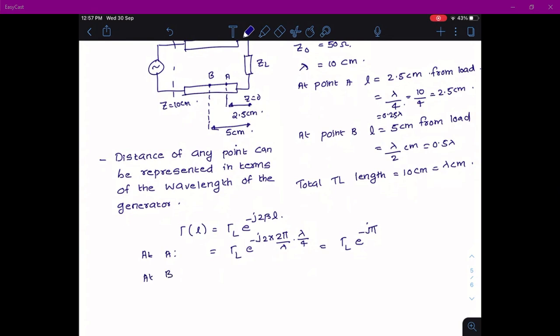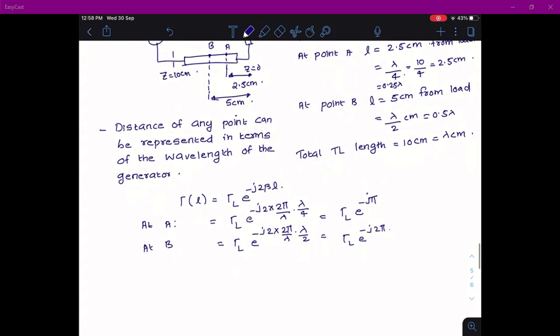Similarly at B, this is tau L e raised to minus j2 into 2 pi by lambda into lambda by 2, that is tau L e raised to minus j 2 pi. And let's say the total length is equal to tau L e raised to minus j2 into 2 pi by lambda into lambda, that is tau L e raised to minus j 4 pi.